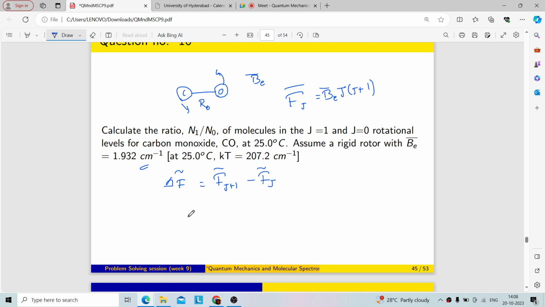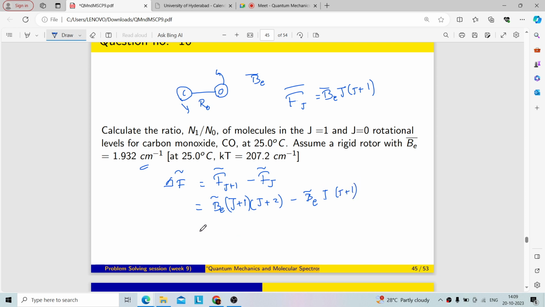So this will be giving Be tilde Fj plus 1 times J plus 2 minus Be tilde J into J plus 1.